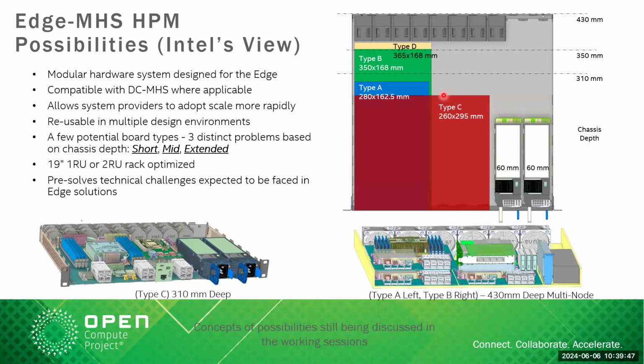So we know you may have to reduce the size of the board, for instance, using a type A board in a liquid cooled environment, whereas you'd use a type B in an air cooled environment. Those are some of the trade-offs you have to consider. So, does that make sense?